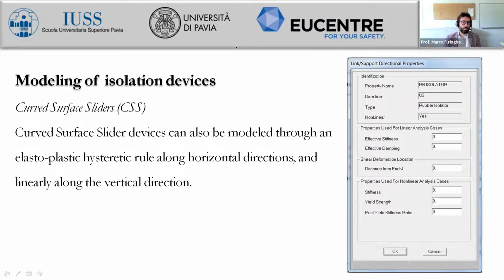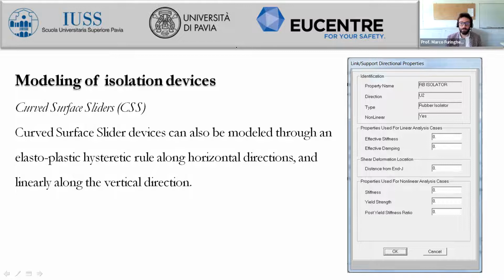And one of the softwares is Seismostruct, for instance. For what I know, there is no friction isolator, but there is a definition of friction, but actually there is no variation of the horizontal response with respect to the applied vertical load, but you can just define an initial strength, so a yielding point, and then the post-yield stiffness, but the horizontal response is not a function of the applied vertical force.